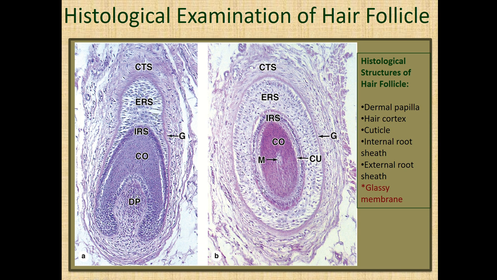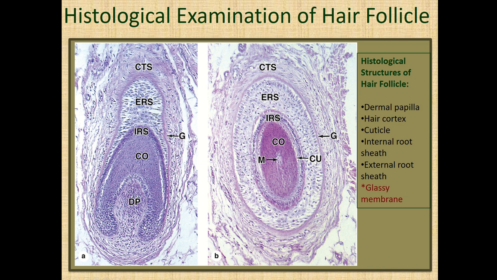And this is more of a cross section of the hair follicle, and you cannot see the matrix in this section, but you're looking farther up on the hair, in the shaft of the hair. And in this section, you can more see the base of the hair follicle.